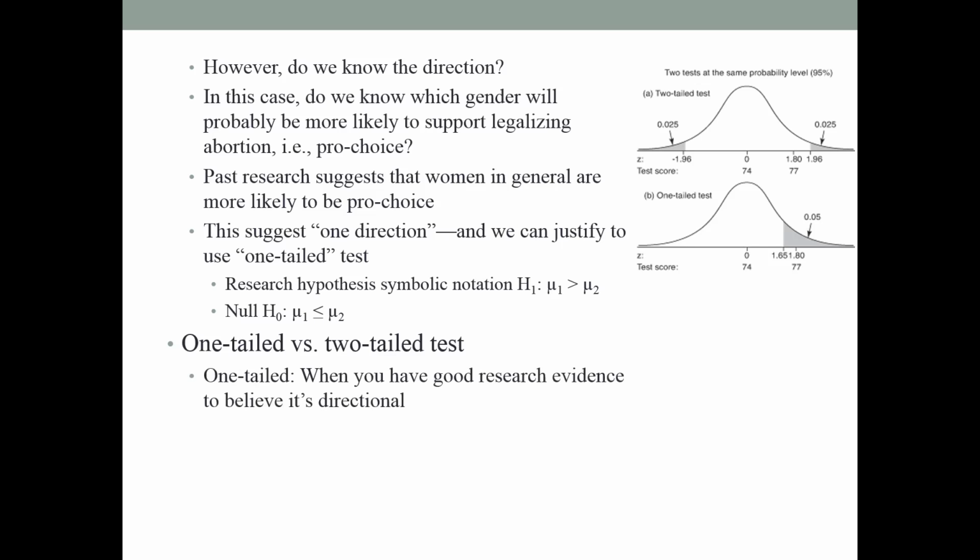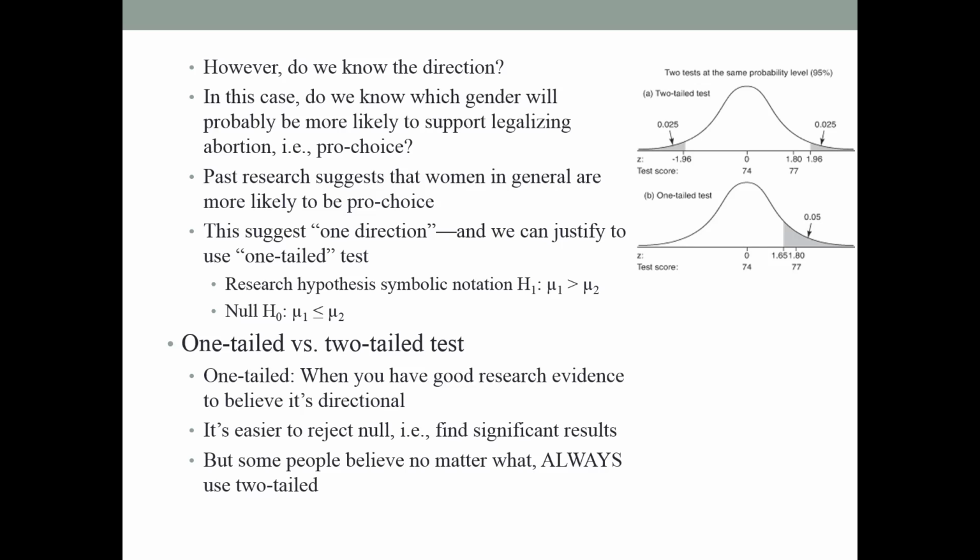So one-tailed versus two-tailed. One-tailed is when you have good research evidence to believe it's directional. Directional, again, means you already know which direction it is leading to. You assume women are more likely to agree, right? And if it's two-tailed, then it's non-directional. That means I don't know which gender will be more or less. As I said, one-tailed is easier to reject the null and find a significant result.